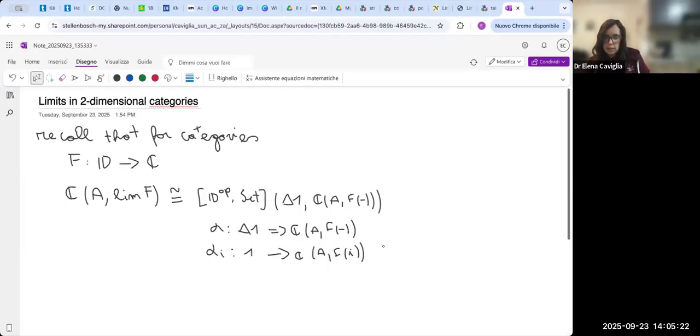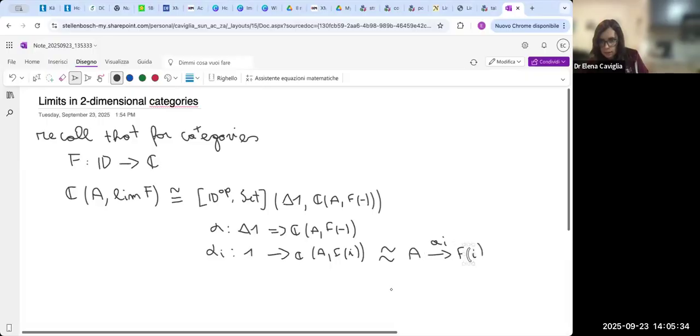And so this is the same as having an arrow, let's call it A_I, from A to F of I. And this bunch of arrows, one for every I, form what is called the cone.